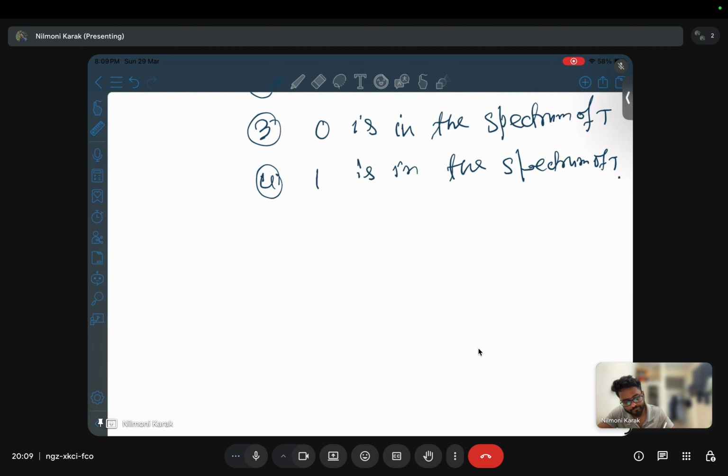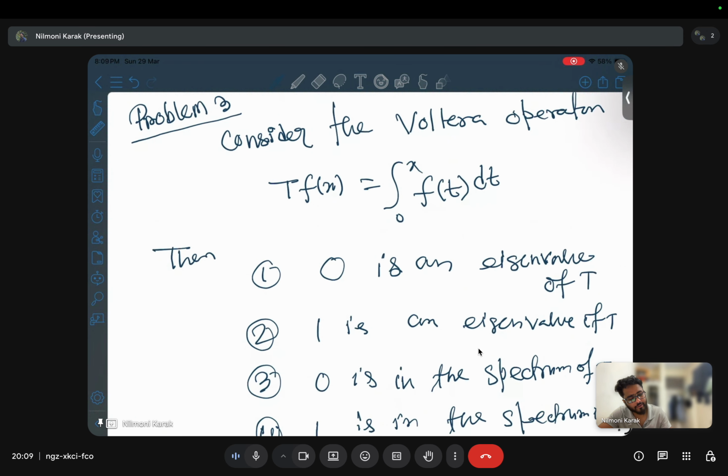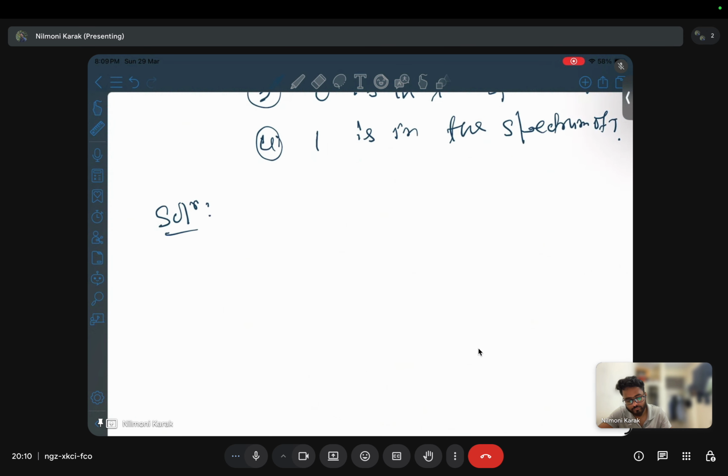Let us check. So this is the Volterra operator, right? T f of x equals the integral from 0 to x of f(t) dt, right?